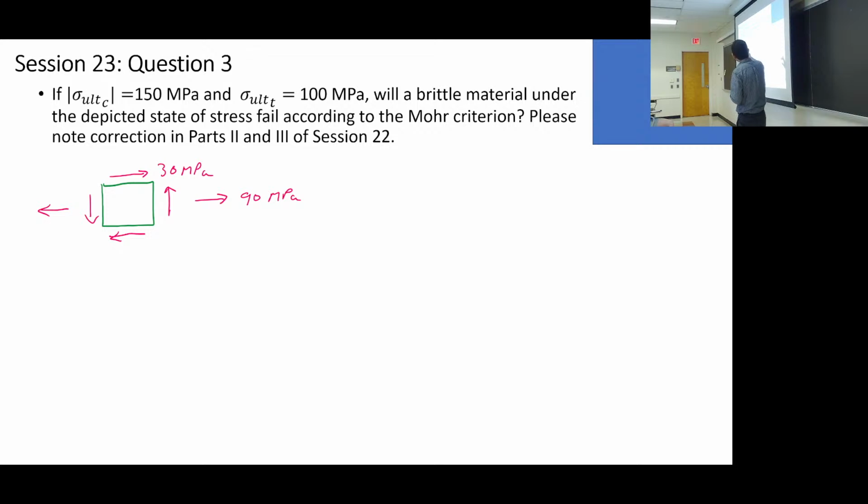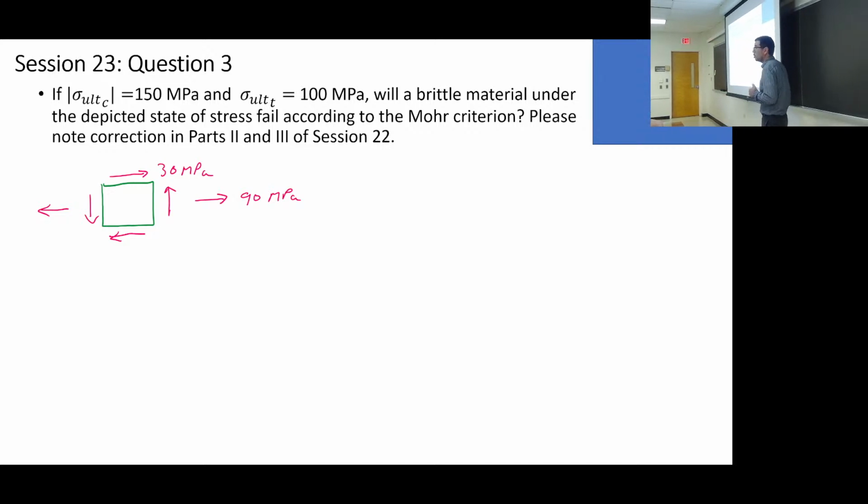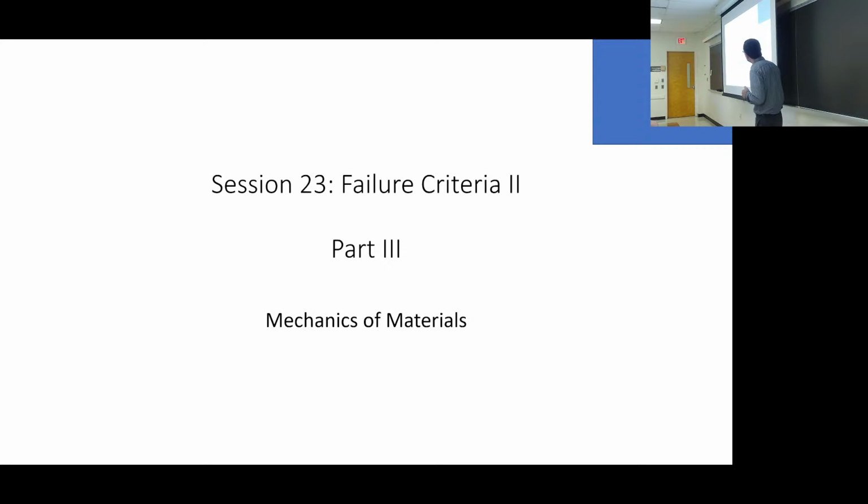We're giving you an ultimate compressive strength of 150 megapascals and ultimate tensile strength of 100. Now we have a load that has a shear stress and a sigma x. So this is something you get to work on.